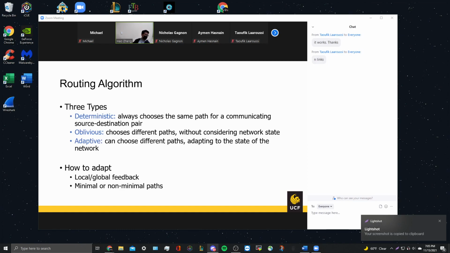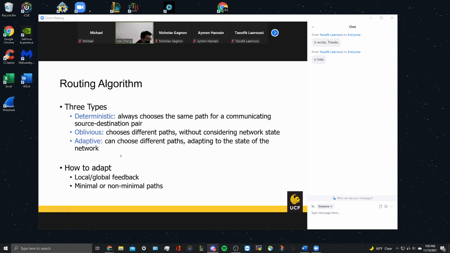Very good question. These routing algorithms actually have different performance in different traffic patterns. That's the reason why people propose different kinds of routing algorithms. It highly depends on the traffic patterns. I can probably give you some examples later to show which one is best for which kind of situation.